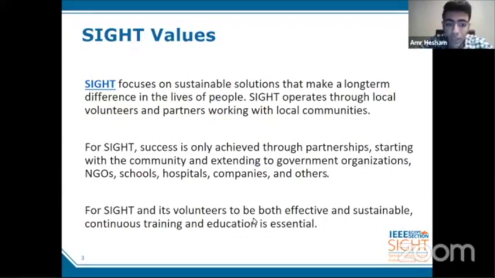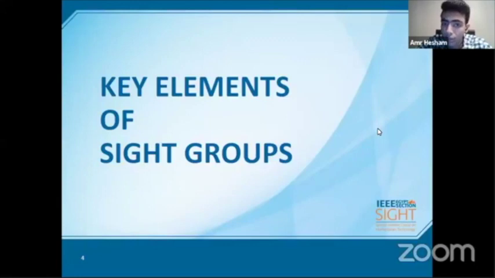For SITE, success is only achieved through partnerships, starting with the community and extending to government organizations, NGOs, schools, hospitals, companies, and others. For SITE and its volunteers to be both effective and sustainable, continuous training and education is essential. And this is what we all do here in SITE Egypt.